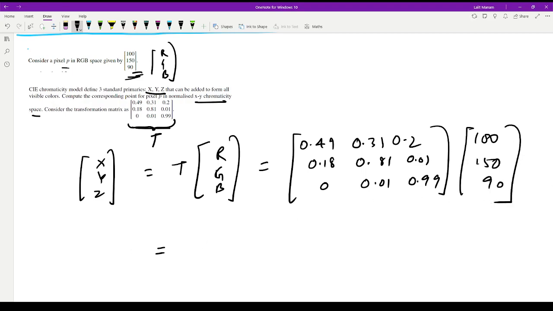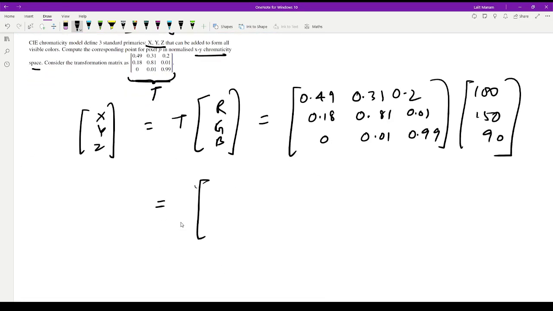Okay, so given this, what should be the answer? It's a simple matrix vector multiplication. It turns out to be something like this.